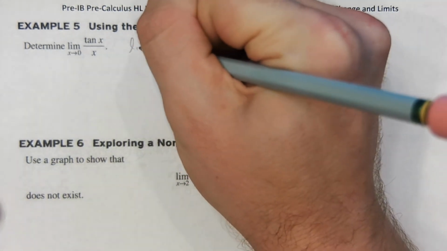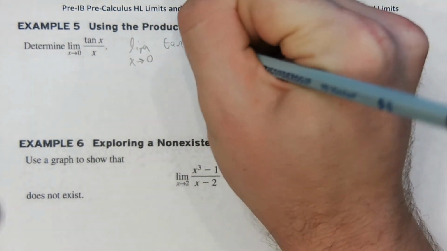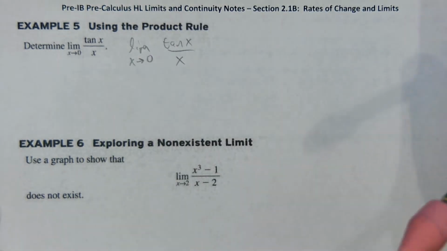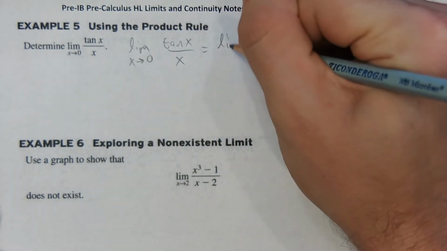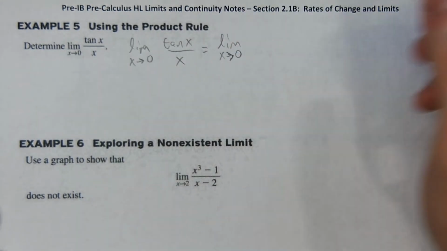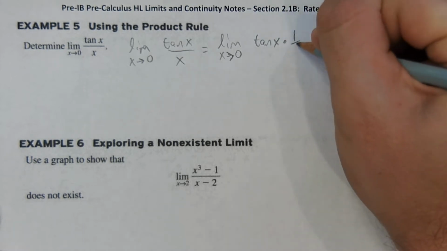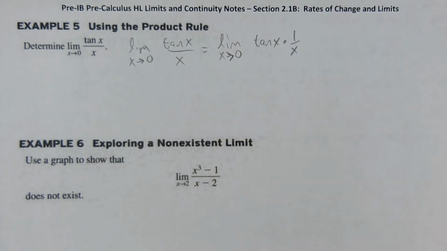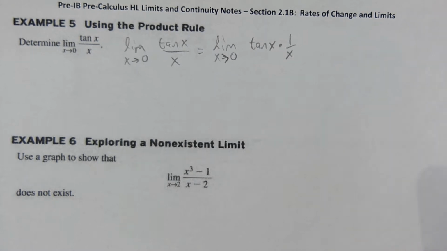The limit as x approaches 0 of tangent x over x. This could be thought of as the limit as x approaches 0, wow, that's a horrible arrow, of tangent x times 1 over x. Well, crap. That doesn't help this, has it? Yeah, I still have a discontinuity here and here, so what do?